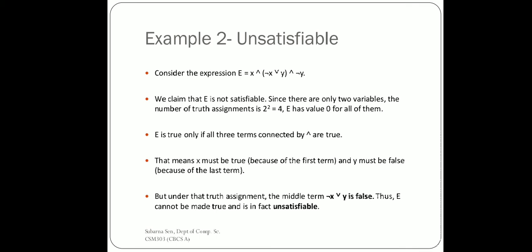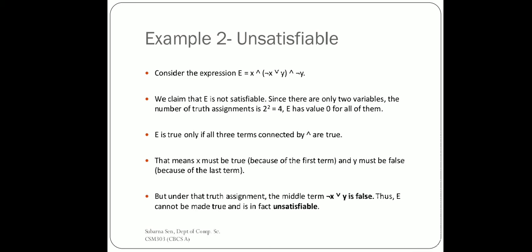You can try it on your own. Let us pick up the middle factor, that is not x or y. Can you put any value for which it is going to give us a true value?